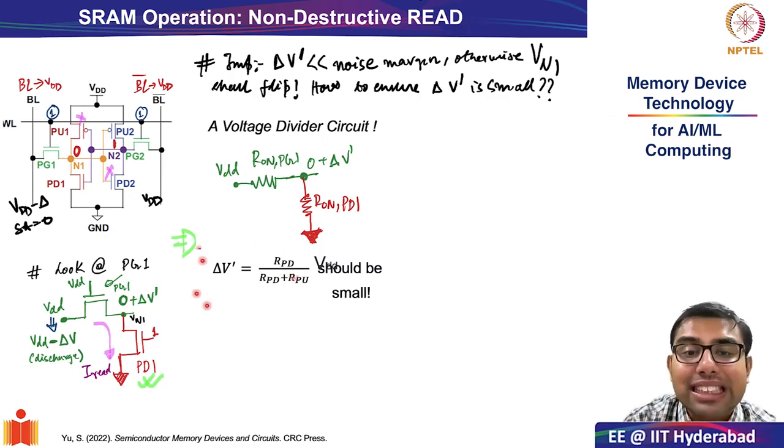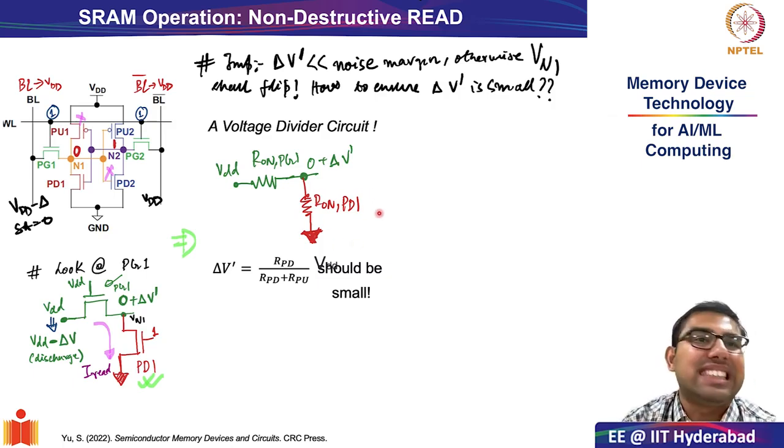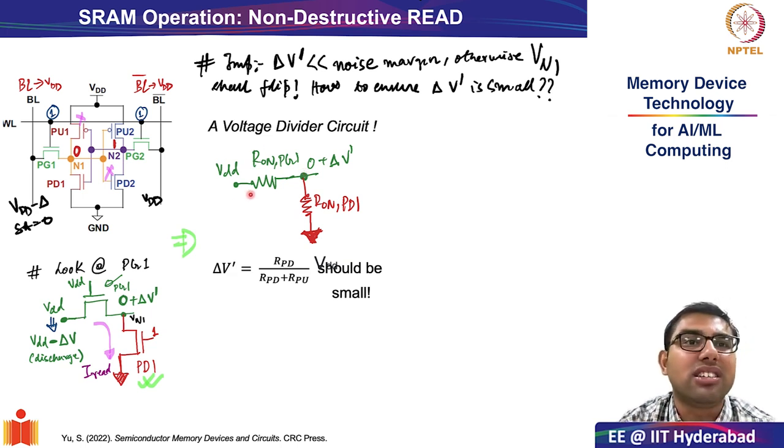And to ensure that this is a non-destructive read, we should make sure that delta V dash should be very small. How do we ensure that? We should ensure that the strength of the pull down transistor should be much larger than the strength of the pass gate transistor.